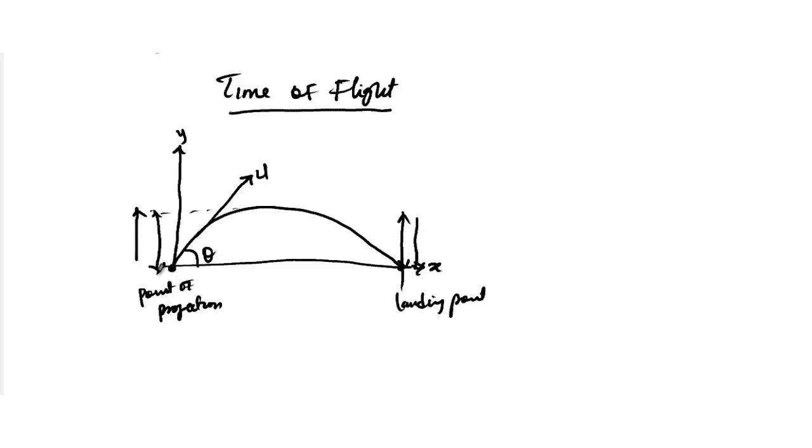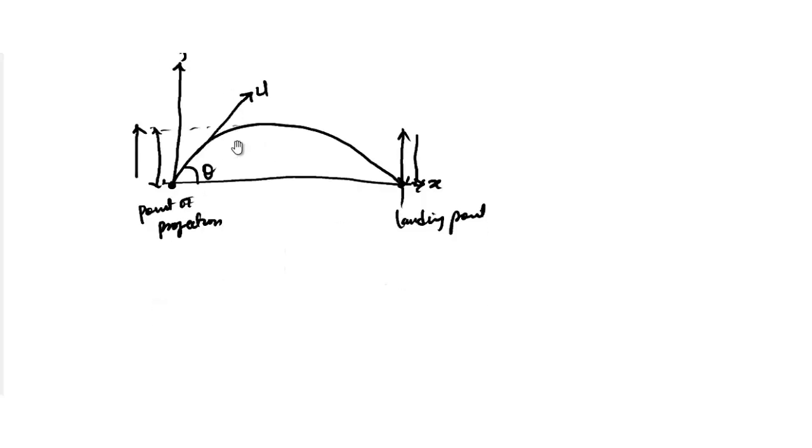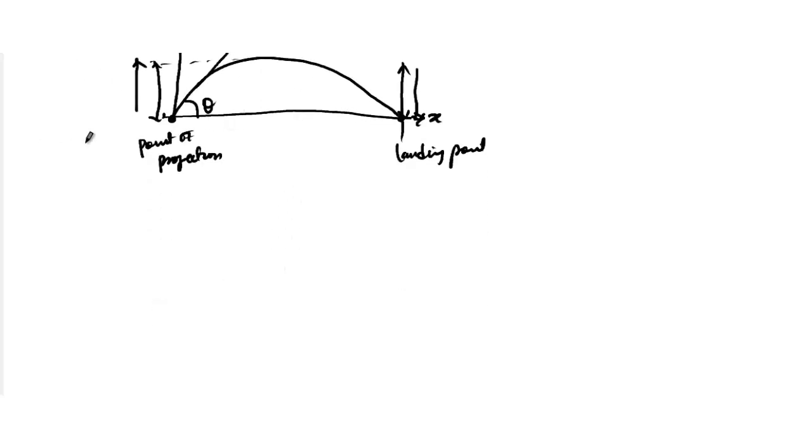So let's say the vertical displacement upward is positive and the vertical displacement downward is negative. Once it returns back, the net displacement, being a vector quantity, will be equal to 0. So what does that imply? It implies that when a projectile returns to the point from where it was projected, the vertical displacement h will be equal to 0. That is very important, because when it lands here, it has returned to the point of projection.